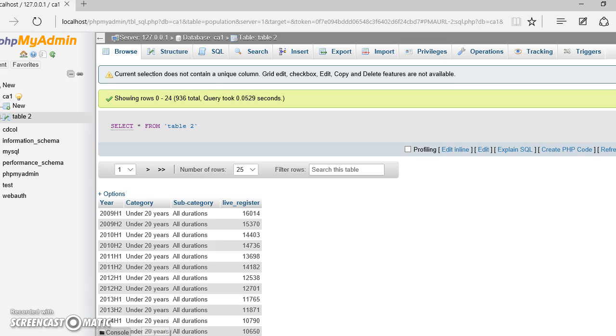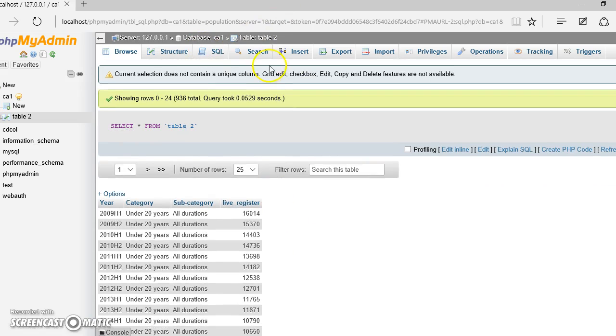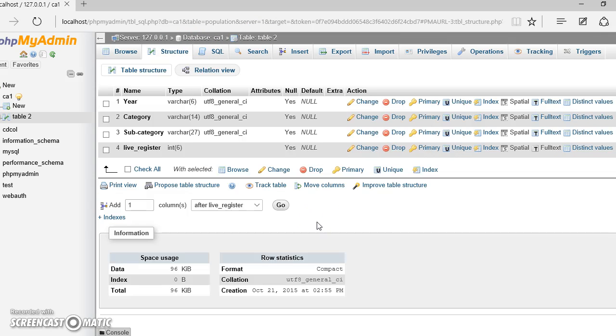From there, I got rid of any extra columns and renamed columns to be the headings, and everything worked out fine. The structure was automatically created, so I have three variable characters and one integer. Year is a variable character because it was 2015, then it was H1, so it couldn't be an integer, or a date either.